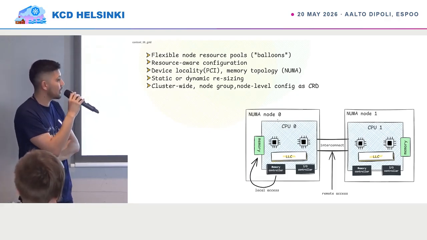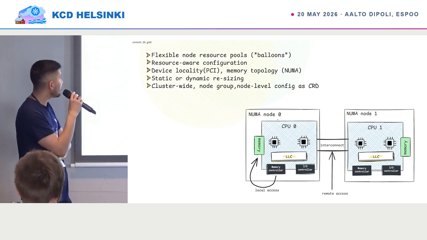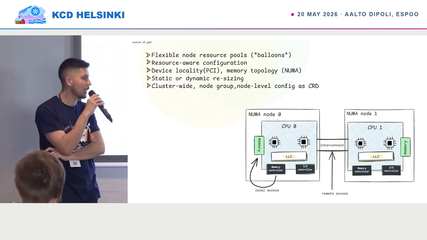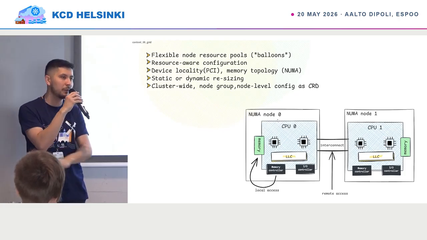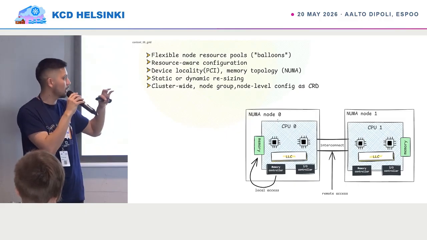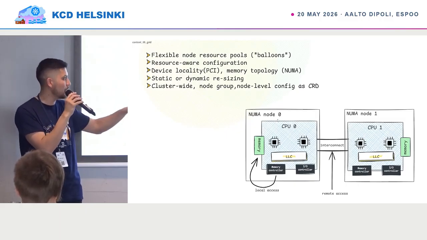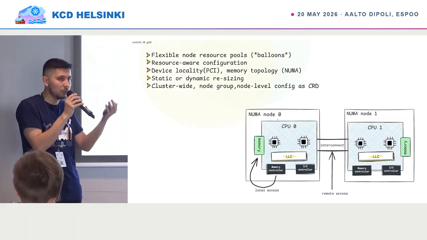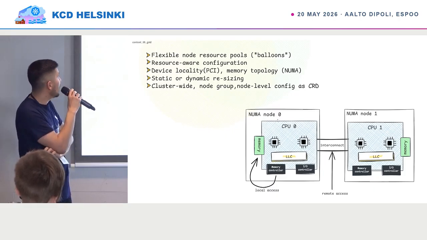It's basically a set of resources. With the balloon, you build resource-aware configurations, and the balloons can be inflated or deflated dynamically, or they could be static as well. You could say, I create a balloon, it will have this much CPU and this much memory, and that's it, but it could also be dynamic depending on the workload requirements.